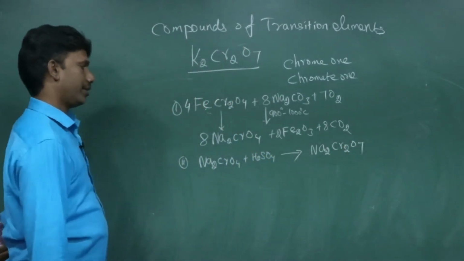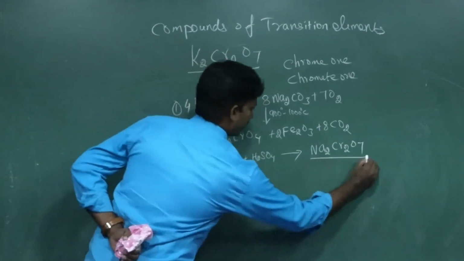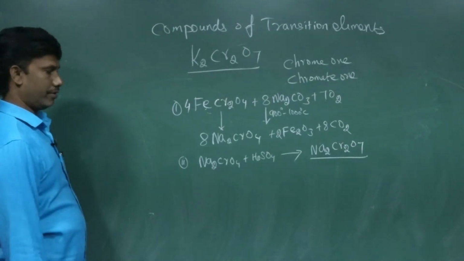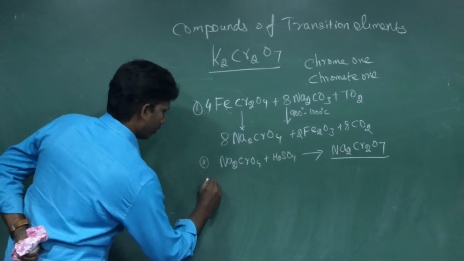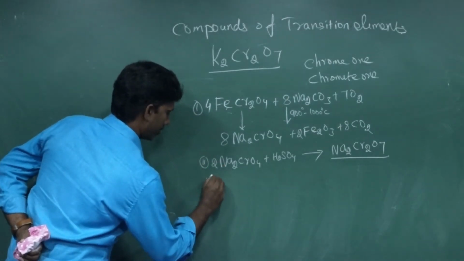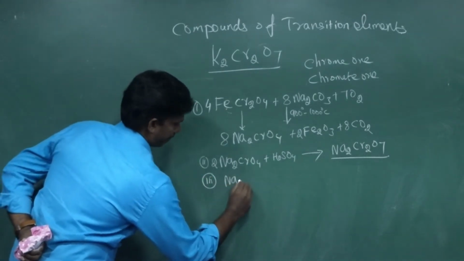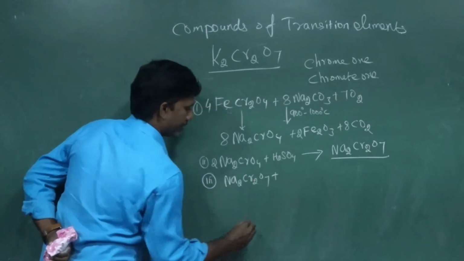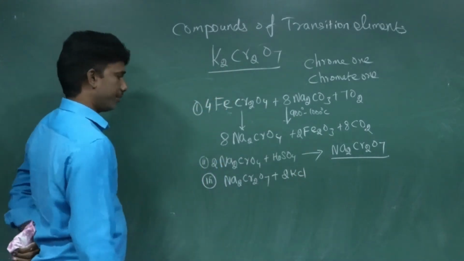In the third step, the sodium dichromate is treated with 2 times KCl, potassium chloride.